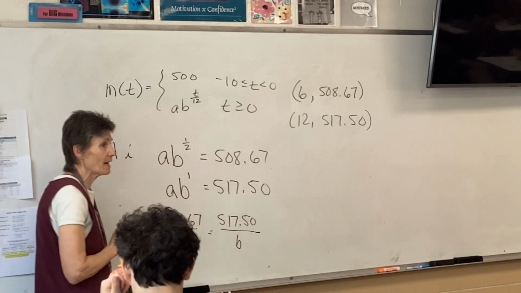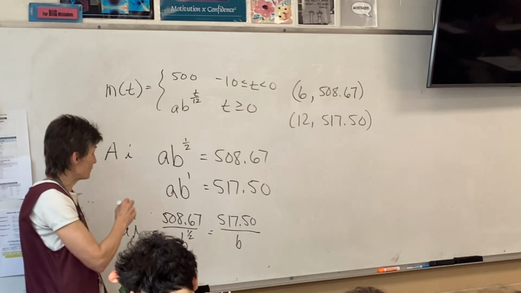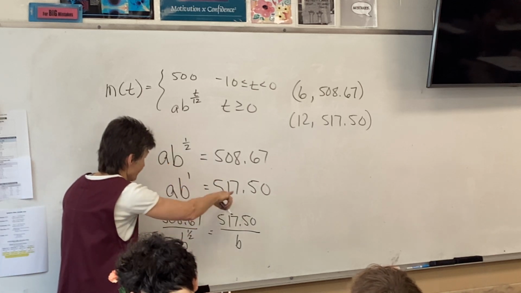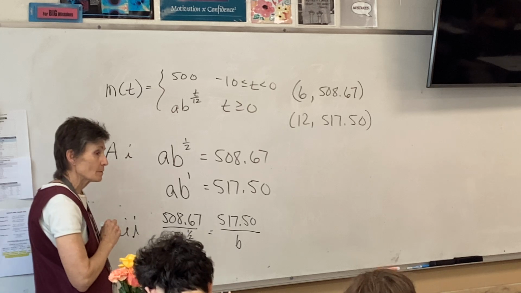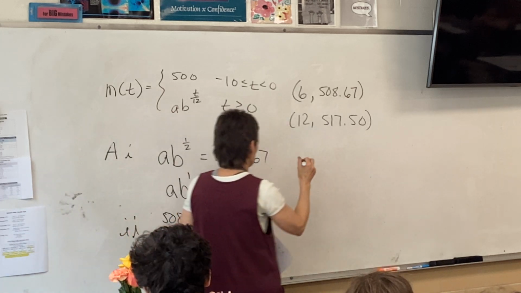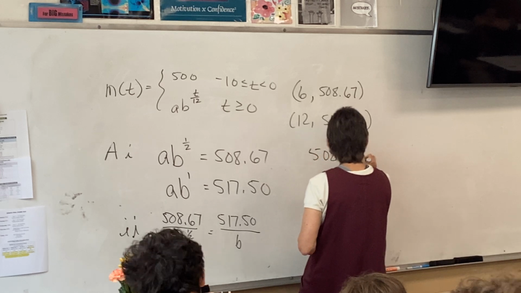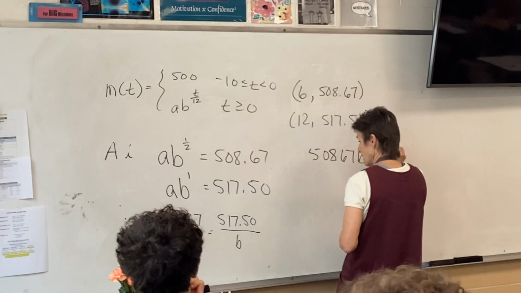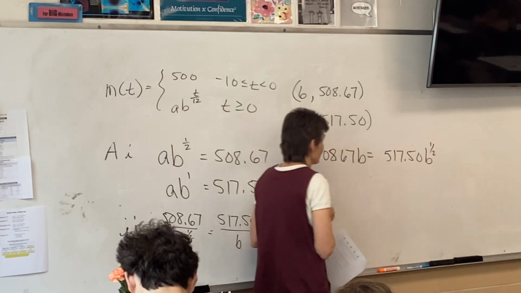Would everyone agree with that? They're both a divided by something, and set them equal to each other. Okay, so 508.67b equals 517.50 b to the 1/2.